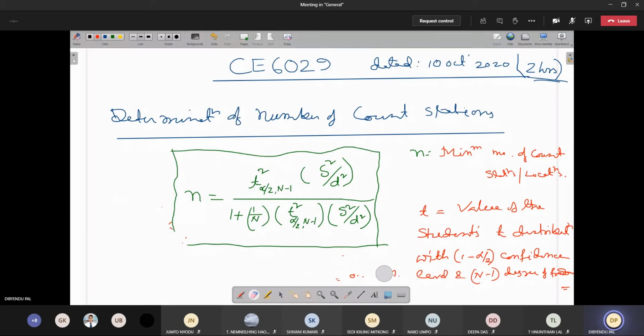So for the other parameters, you write down capital N equal to total number of links from which a sample has to be selected.